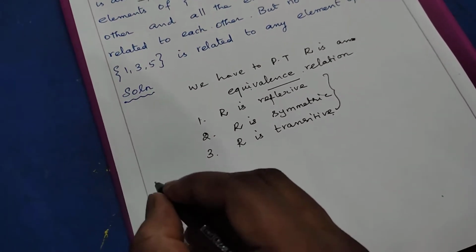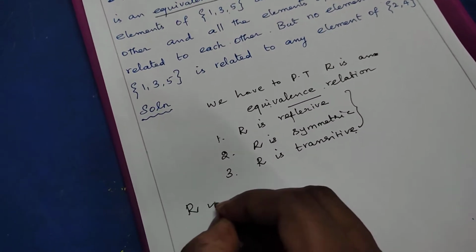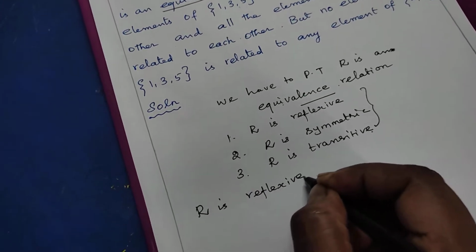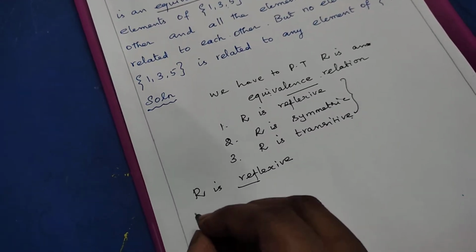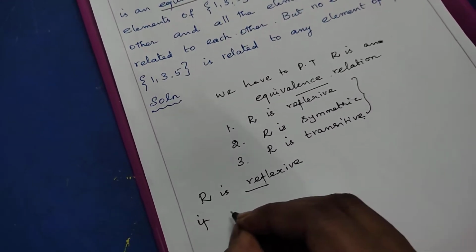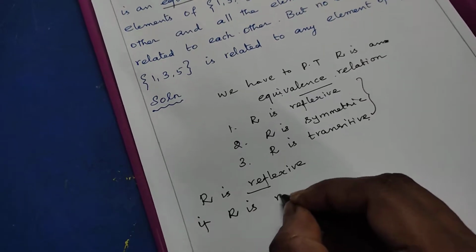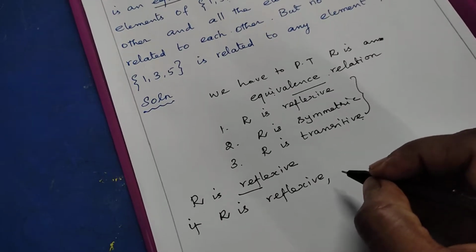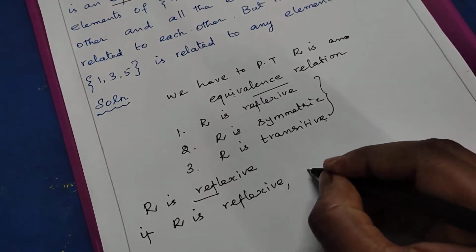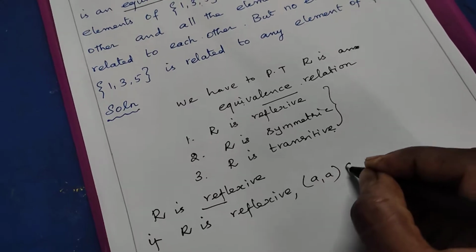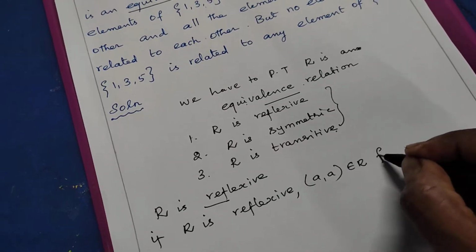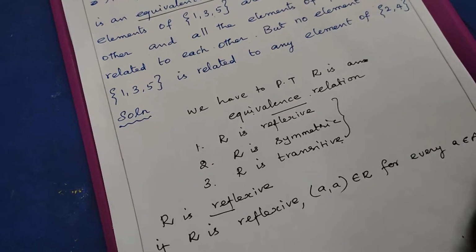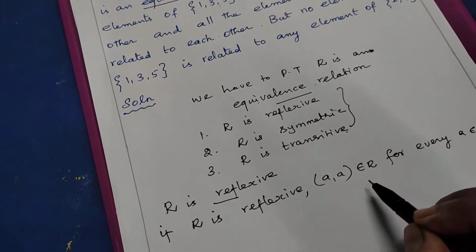Okay, first part, R is reflexive. If R is reflexive, what is the condition here? R is reflexive if (a, a) belongs to R for every a belonging to the given set A. This is the reflexive condition.